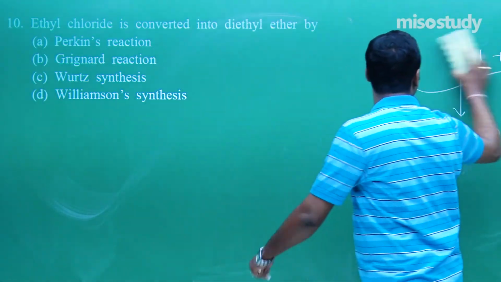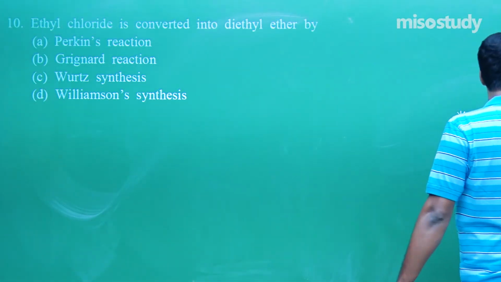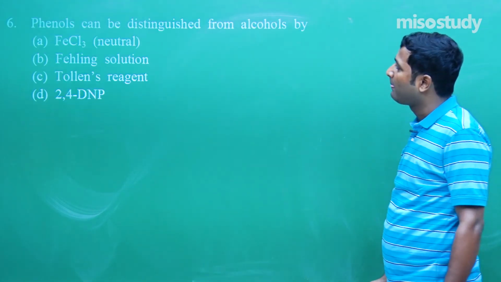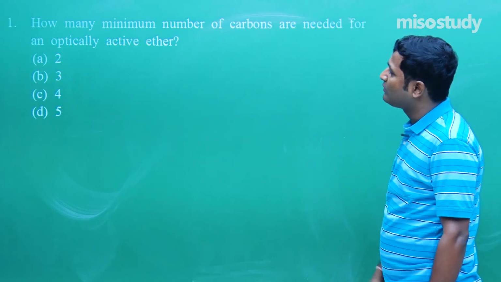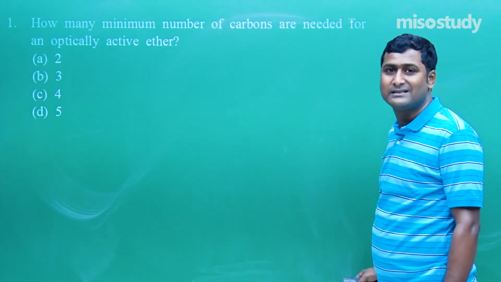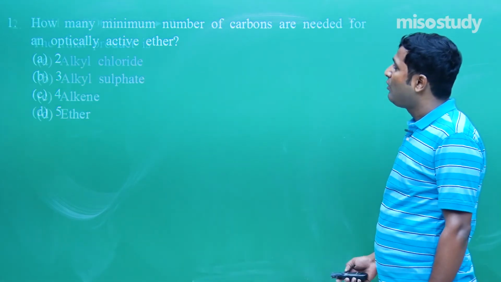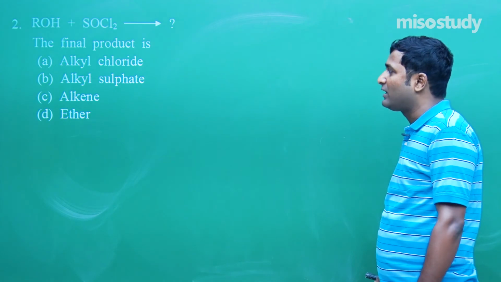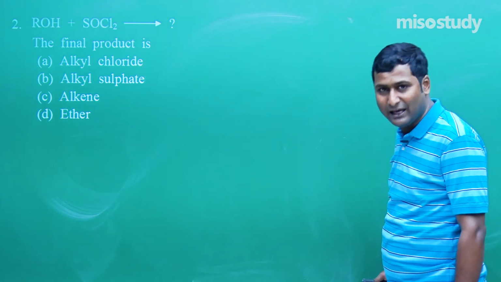Now we revise the things. I think now you can easily solve such kind of questions. For question number 1, there is slight confusion as I told you, but the best possible answer is 3. For question number 2, ROH plus SOCl2, the final product is alkyl chloride, that is the A option.